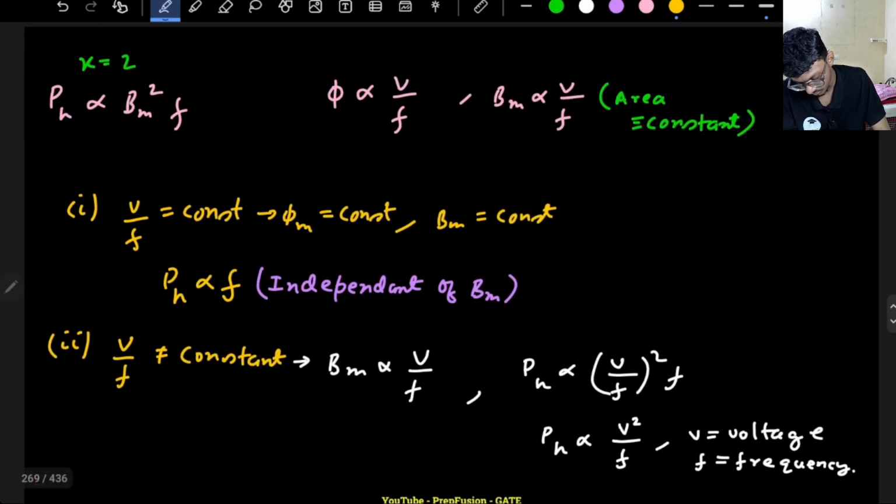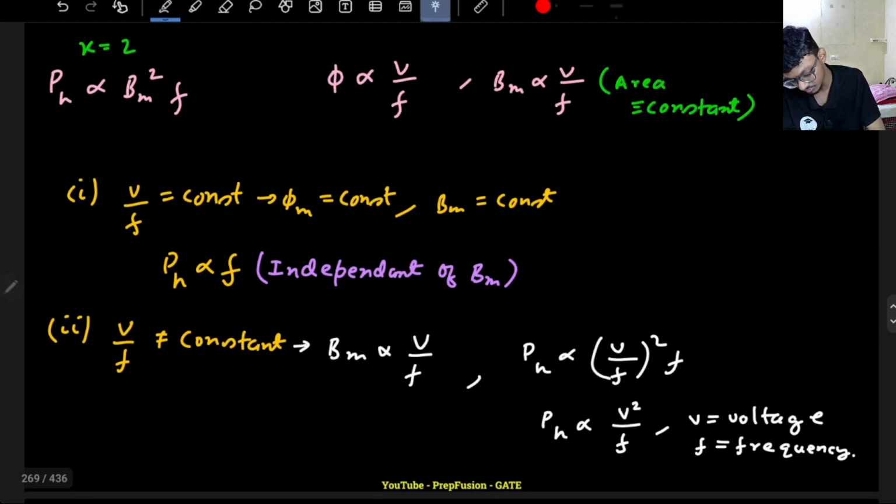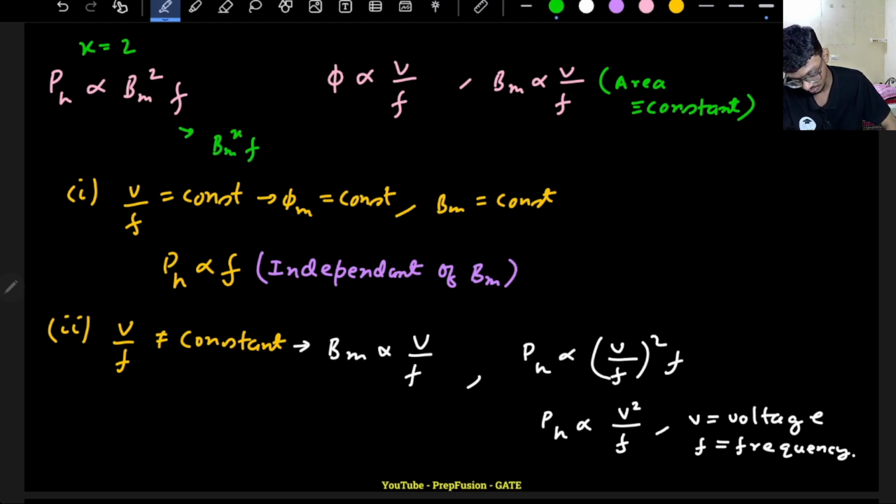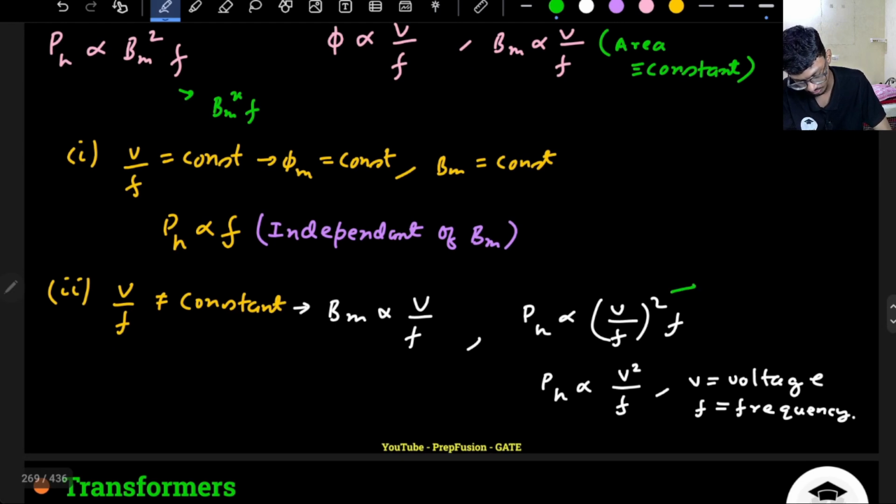One more thing I wanted to say: let's assume this was not actually squared, and it is x only. How will you solve? If this is x, this will be Bm raised to power x, times f. So ultimately the value here will change. This will not be square, this will be V by f raised to power x into f.